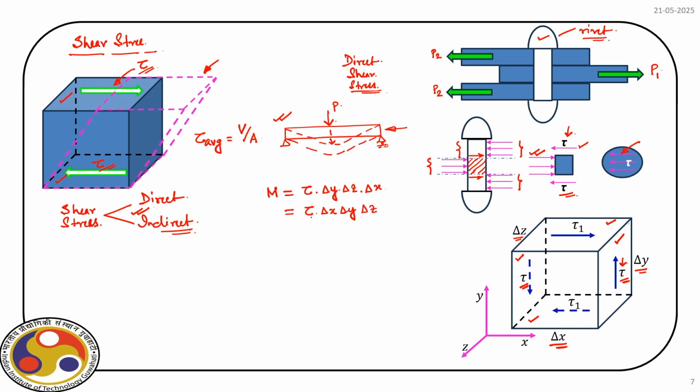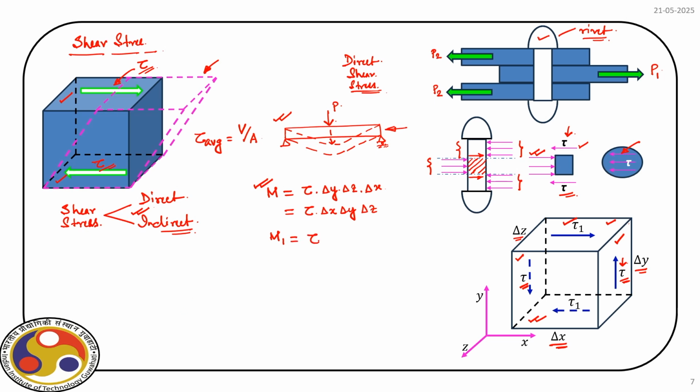Now, the stress tau 1 along the other two parallel faces of this cuboid will actually balance this couple developed by tau. And we can also quantify that couple, say this is m1.